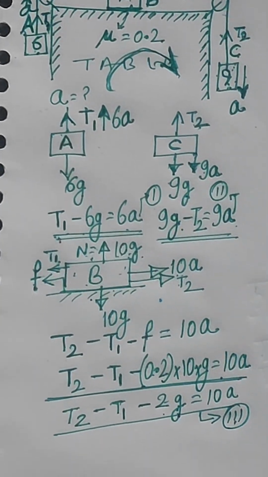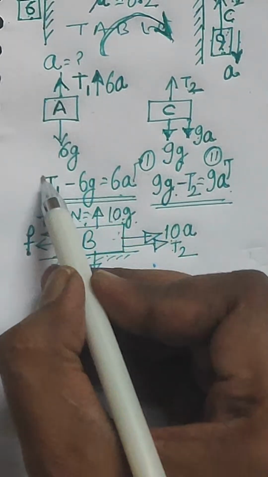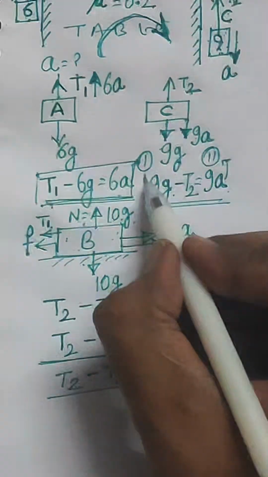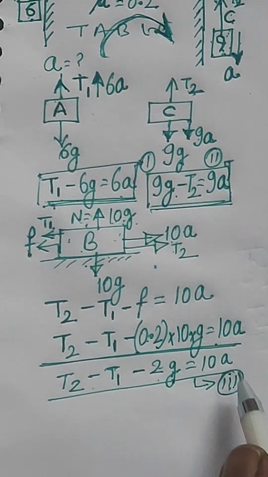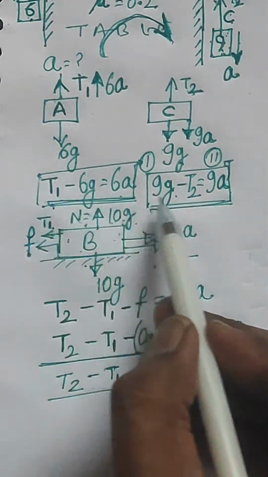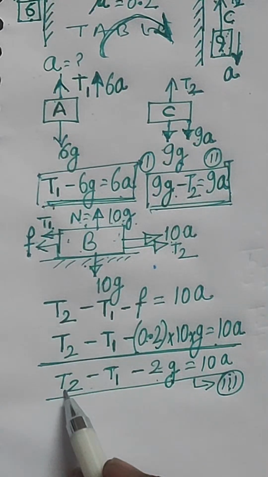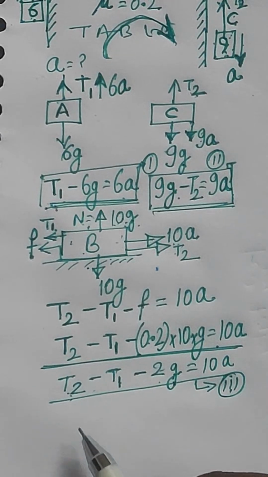Now from here we can see we have equation number 1, and this is equation number 2, and this is equation number 3. So you can see here T1 and T2 are in positive and negative sign, and here T1 and T2 are in negative and positive sign. Yes, Kevin.